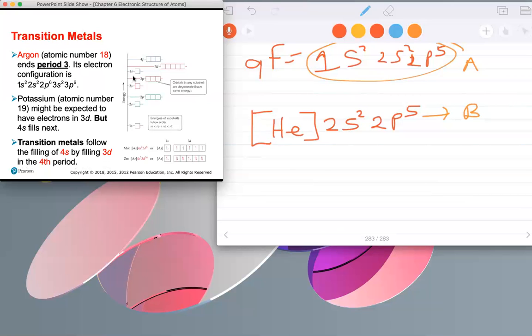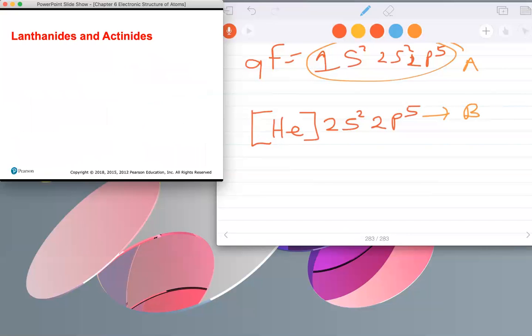Look at this, 4S comes before 3D. This is the energy level or sub-levels according to increase in energy. 2S is lower in energy than 2P, 3S is lower in energy than the 3P, 4S is lower in energy than the 3D. This is when we talk about the overlap, okay?